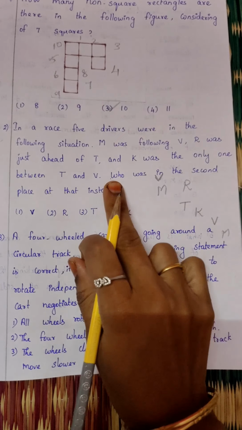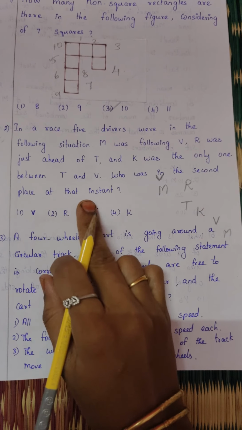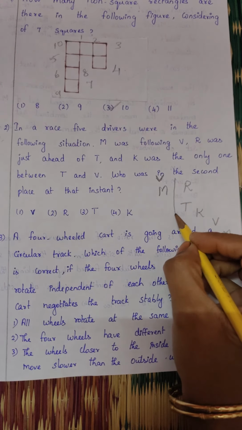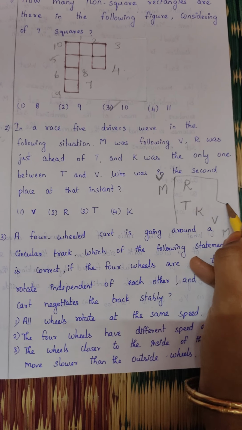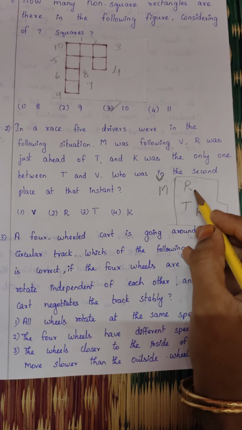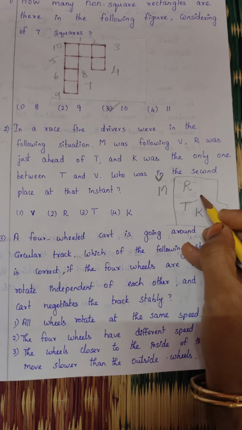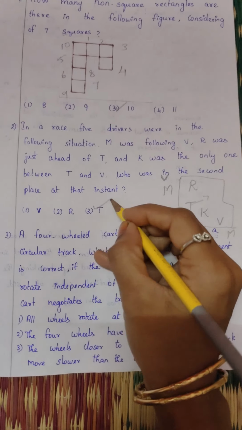Now we can find who was in the second place at that instant. One, two. So T is in the second place.